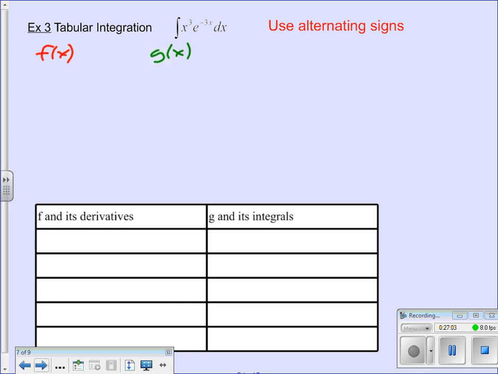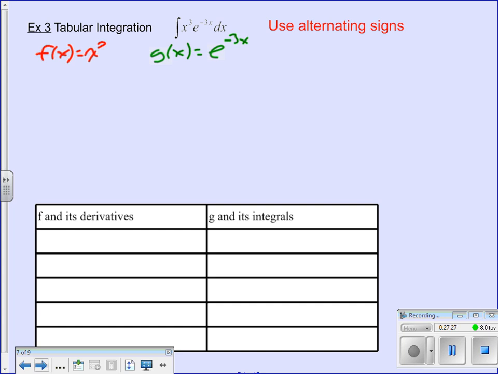The f is easy. The f is our polynomial, x cubed. The g is everything else, e to the negative 3x. Don't worry about the dx in your f and g when you're doing tabular integration. It's just the function part.